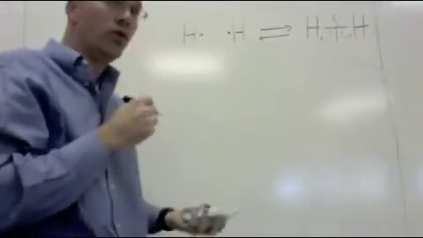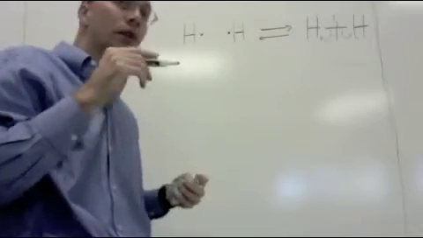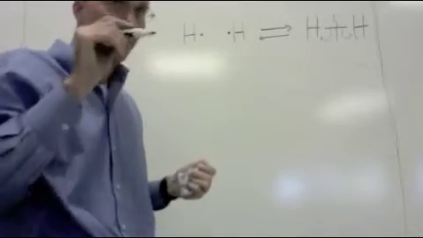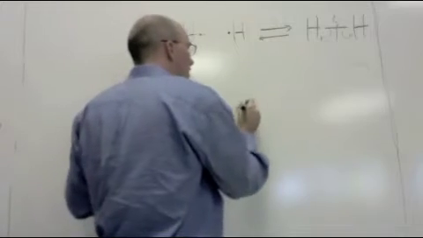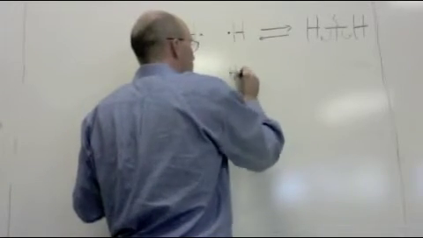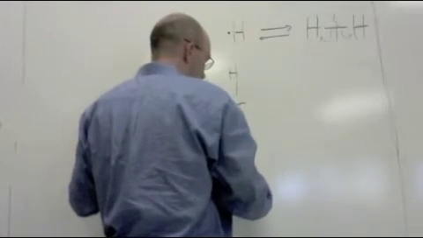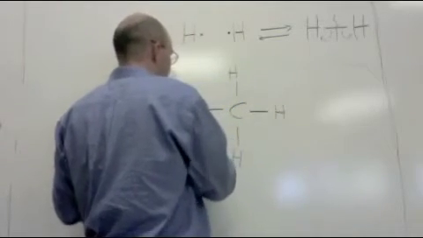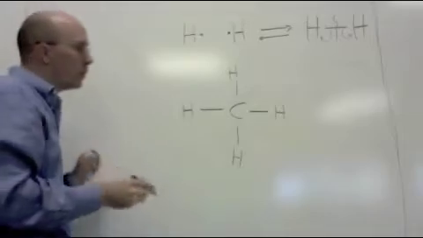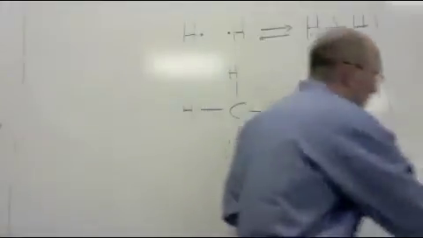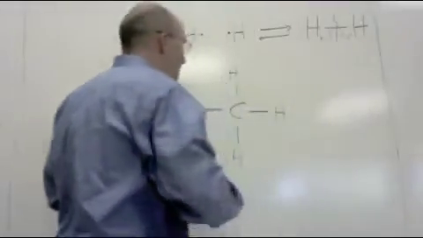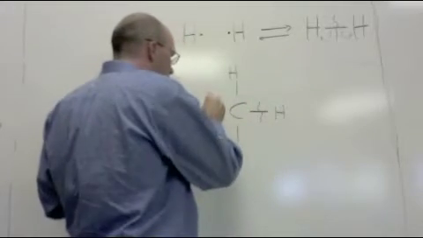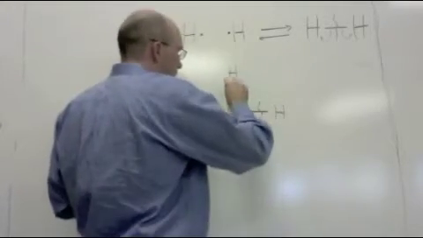So let me start with the neutral molecule, and I'm going to show you how to prove that it's neutral. Here's that neutral molecule that we had before. What I want you to do is to mentally break these bonds right down the middle.